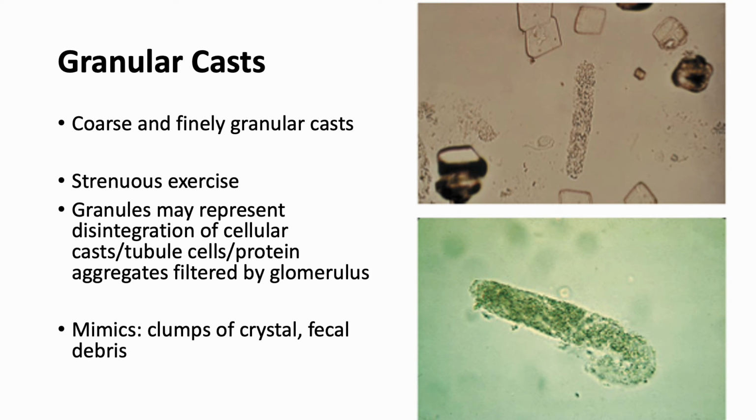Increased cellular metabolism during periods of strenuous exercise can account for a transient increase in granular casts and hyaline casts. The granules may represent disintegration of cellular casts, tubule cells, and protein aggregates filtered by the glomerulus. Some mimics of granular casts are clumps of crystals and even fecal debris.